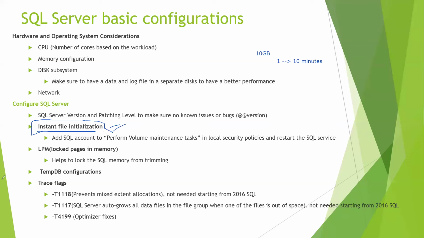The second thing: let's say you have auto growth enabled at the database level. As soon as it reaches the limit, the file has to extend based on the auto growth value that I defined. This expanding can sometimes degrade performance, because every time it reaches the limit it has to keep growing.